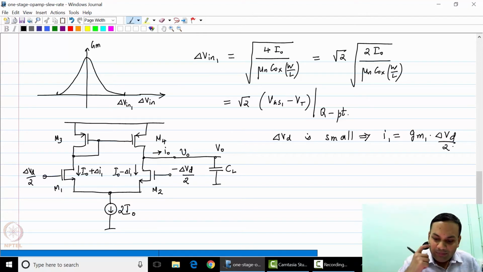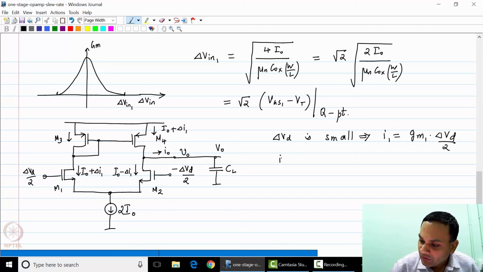Of course, what is going to happen is that this current is going to flow through M3 and get mirrored down to M4. So current through M4 is I0 plus delta I1, and so the total incremental current of 2 delta I1 flows through the capacitance CL.